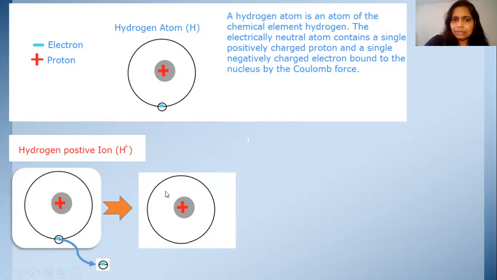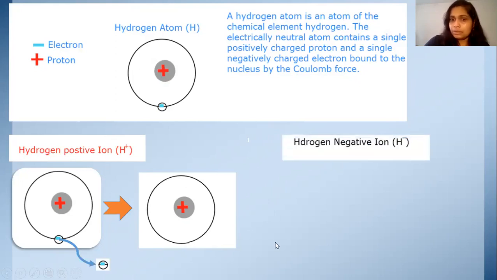Now you see it is not a neutral atom anymore, right? There's only one proton there. So we call this a positively charged hydrogen. The hydrogen atom gets charged positively. So this is a positive hydrogen ion, a hydrogen which is positively charged.